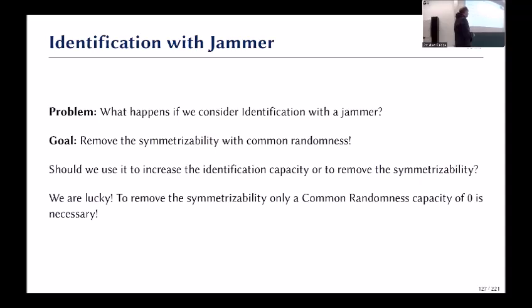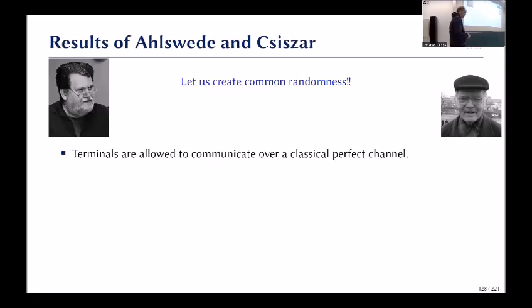To remove the symmetrizability, only randomness of capacity 0 is necessary. Only a little randomness is necessary for the protocol to avoid the denial of service. Therefore, we can use only such a part with capacity 0 to remove the symmetrizability, and the main part can be used to increase the identification capacity.